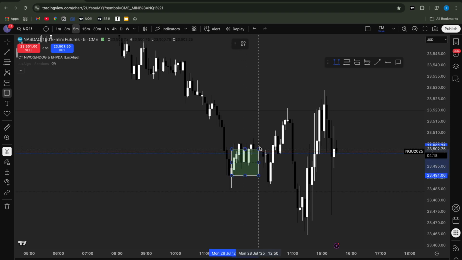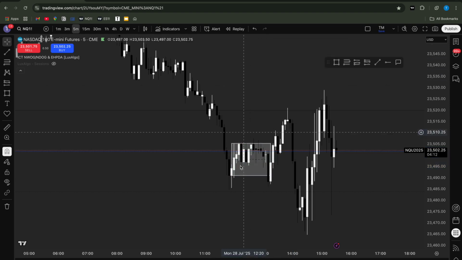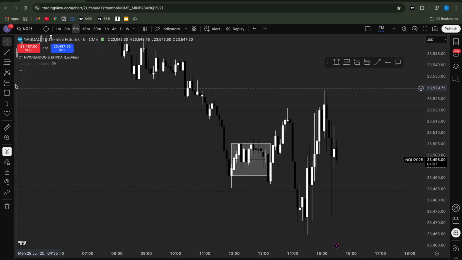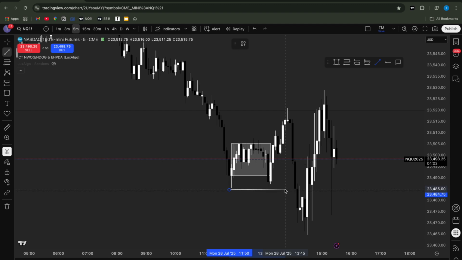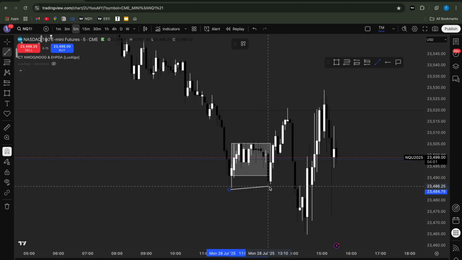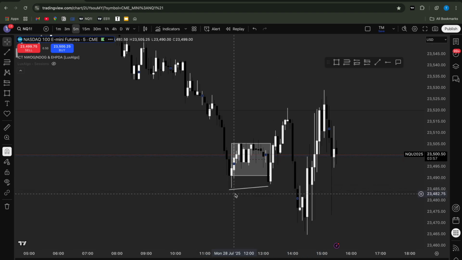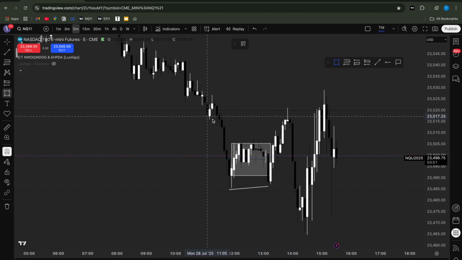Price on the 5-minute starts to accumulate here. Red starts to accumulate. There's sell side down here, relative equal lows. They're close enough for me personally. And you've got this order block up here.